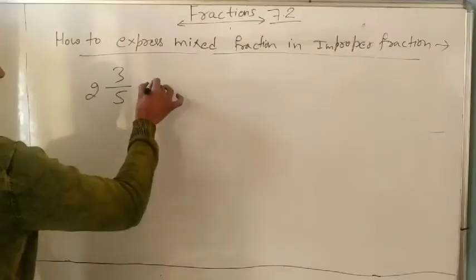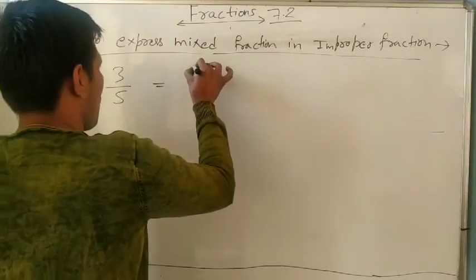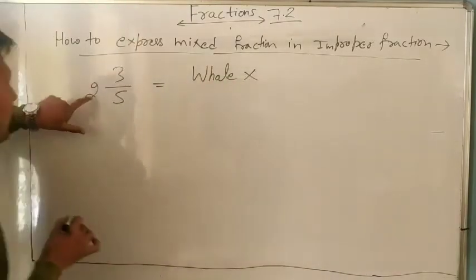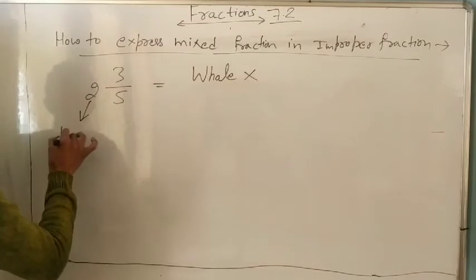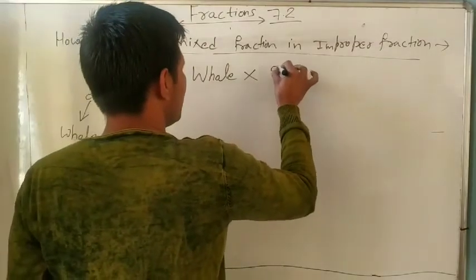So always, how will you represent? Always one formula to remember. What is it? Whole multiplication. This one is the whole. Everyone knows it is whole. Whole multiply denominator.